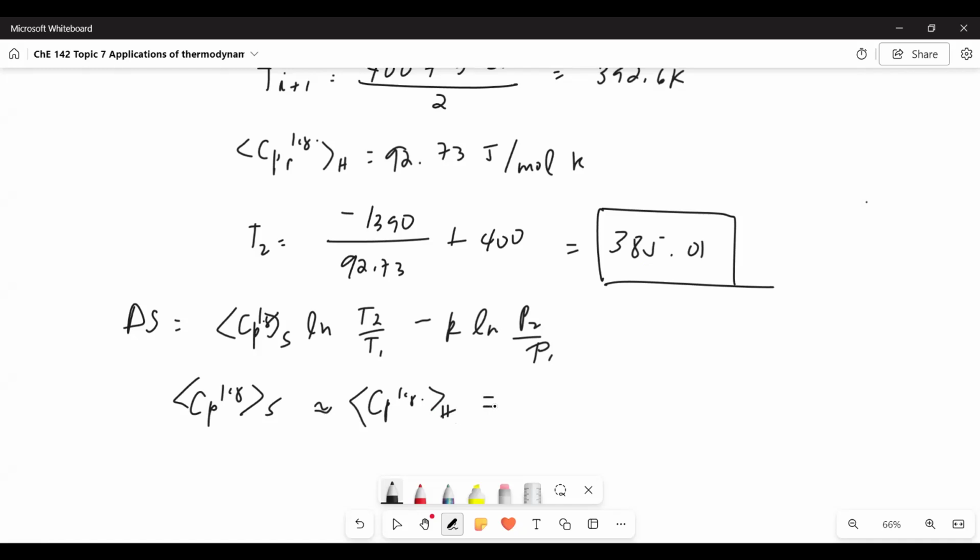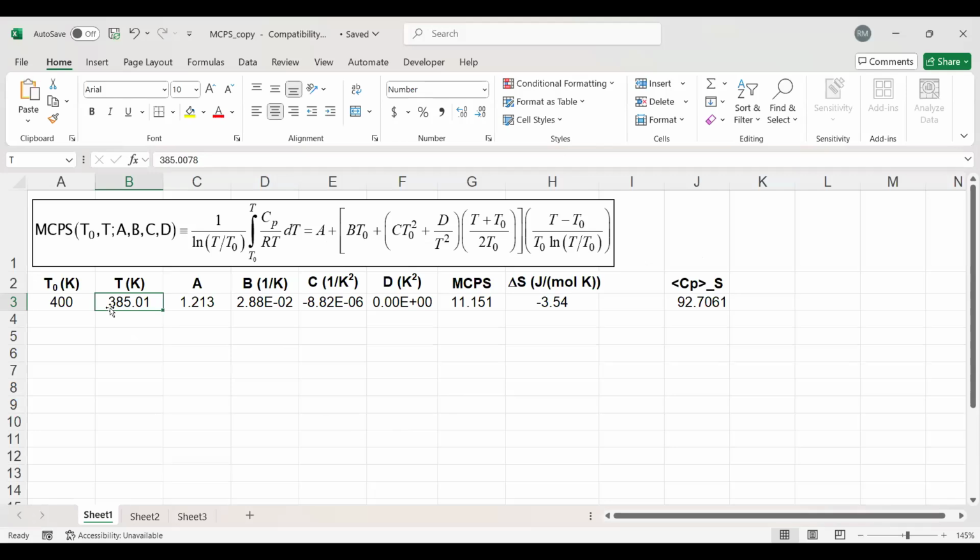So this is approximately equal to, not 385, 92.73 joules per mole Kelvin. But if you want a stricter approach, you can also use the calculator. This is for the mean heat capacity for entropy calculation.